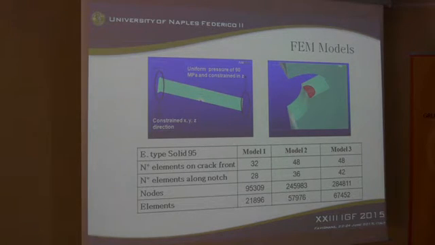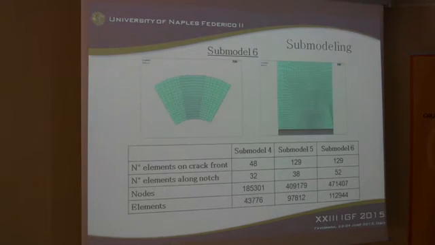In this case, we have created 3 full-scale models and 3 sub-models. The convergence parameter is von Mises stress, and the convergence model is model 5.